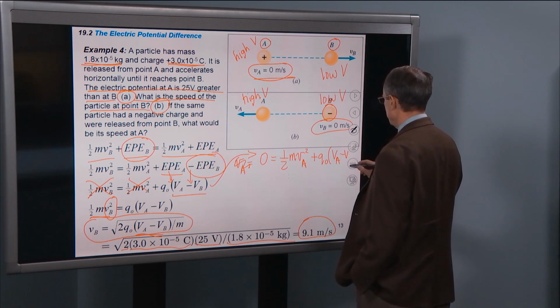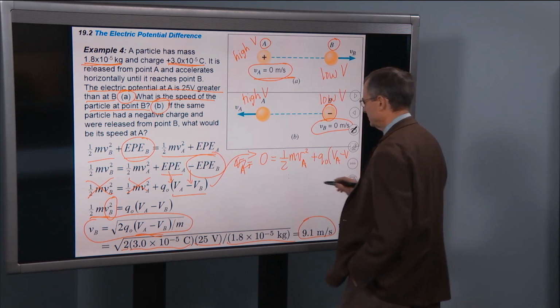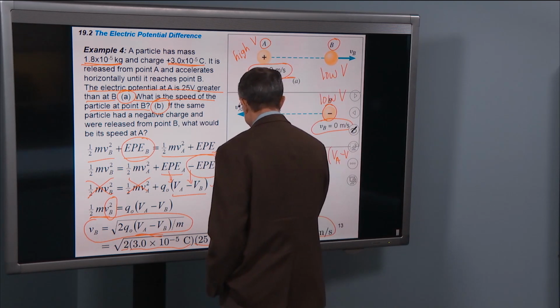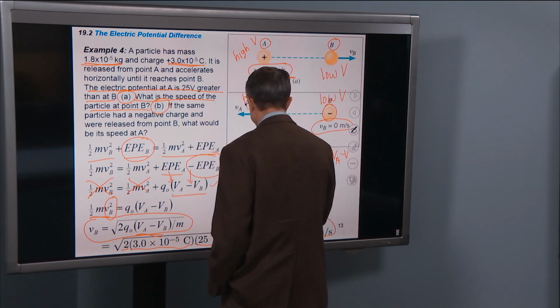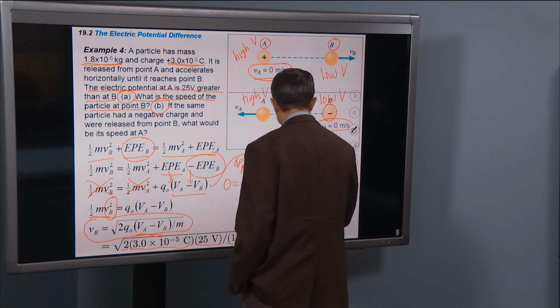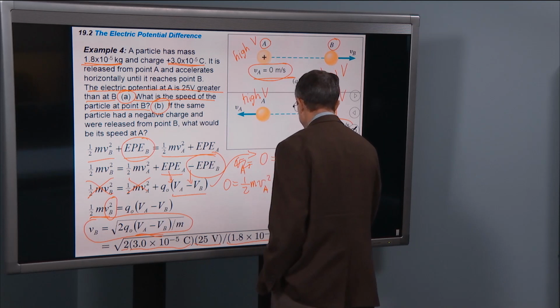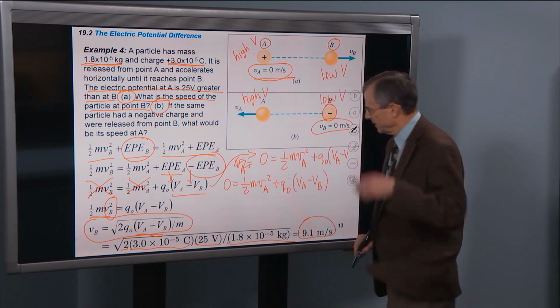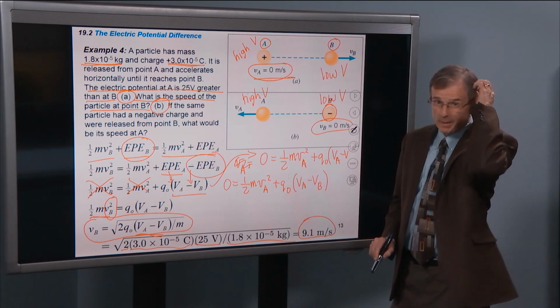Let me just write it down here. 0 equals 1/2 mVA squared plus Q naught times VA minus VB. And we're trying to solve for VA.